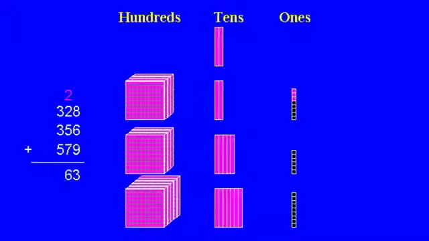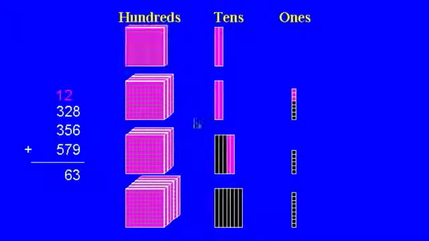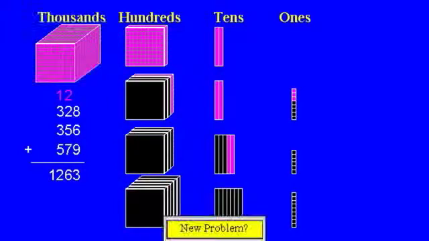So that gives us 6 tens, and 10 of those tens becomes a group of 100. So now adding the hundreds, we have 4 plus 7 plus 5 is 12. So that gives us 2 hundreds, and 10 of those becomes a group of 1,000.